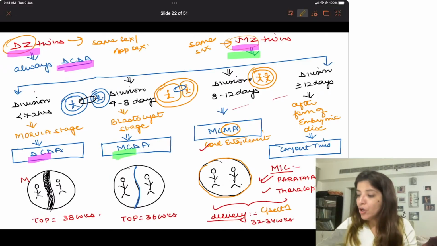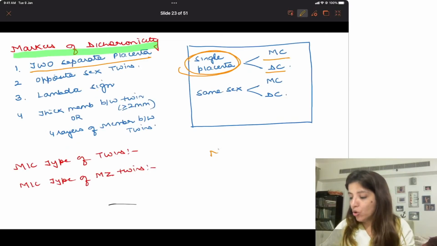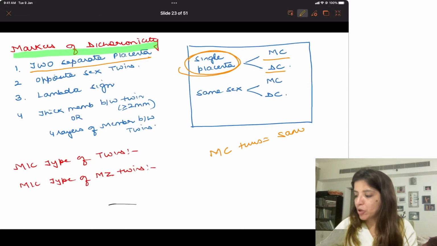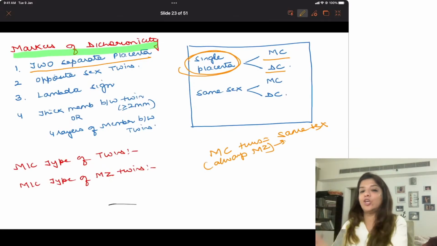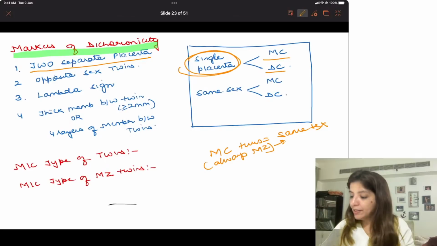But please remember, monochorionic twins will always have same sex, because monochorionic are always monozygotic, and in monozygotic you always have same sex.